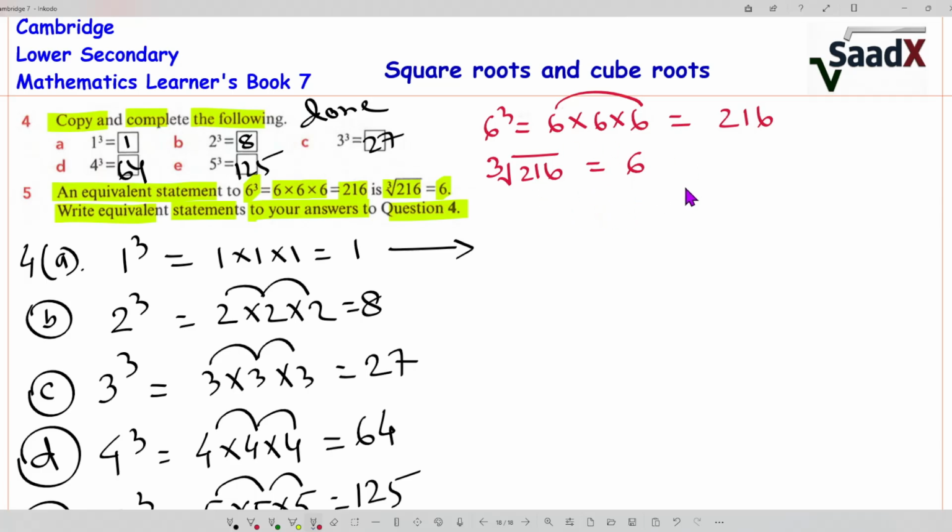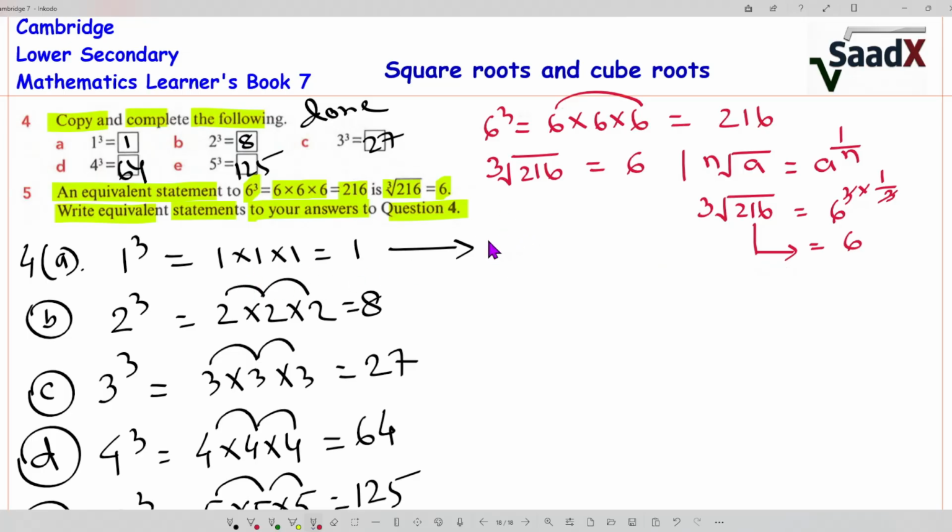So how can we express this? We know the nth root of a means a to the power 1 by n. Therefore here n is 3 and 216 means 6 cubed, and against this cubic root we can write times 1 by 3. So 3 and 3 cancel out, it will become 6.